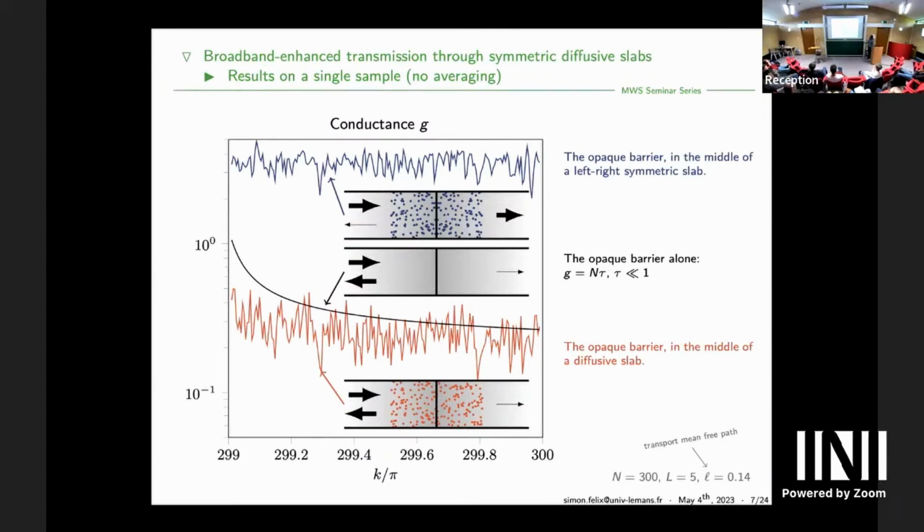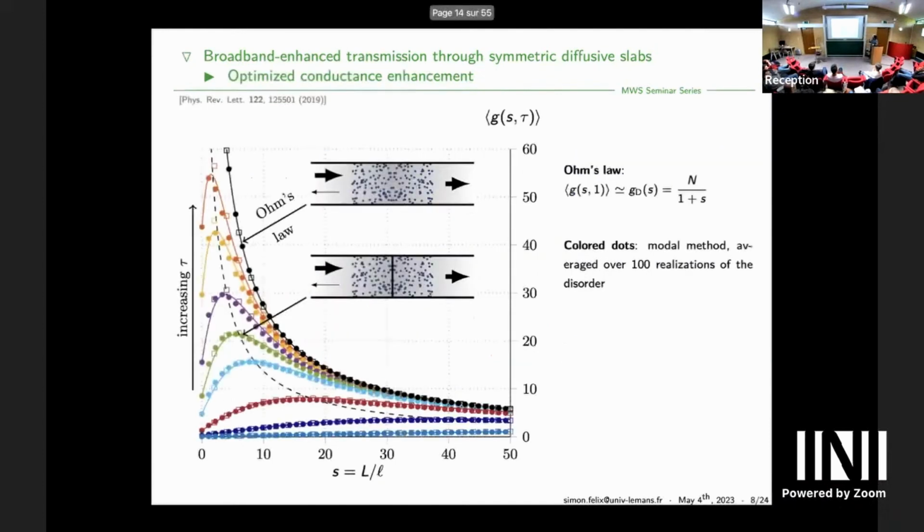I know also that if the length goes to very large values, I will enter the localized regime, so the conductance will go to 0 exponentially. And I know that somewhere in between, I can have this enhancement. So it means that possibly I can optimize the length of the system to reach the maximum of the conductance. So this is what we try to do here.